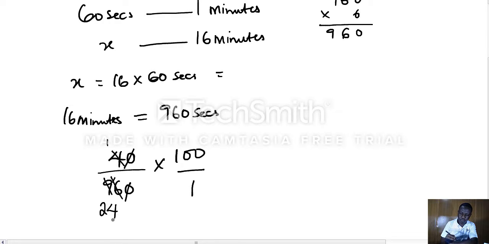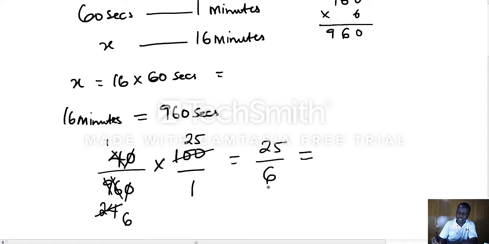What can go again? 4 can go. 4 can divide 24 and 100. 4 into 24 is 6. 4 into 100 is 25. So this is equivalent to 25 divided by 6.